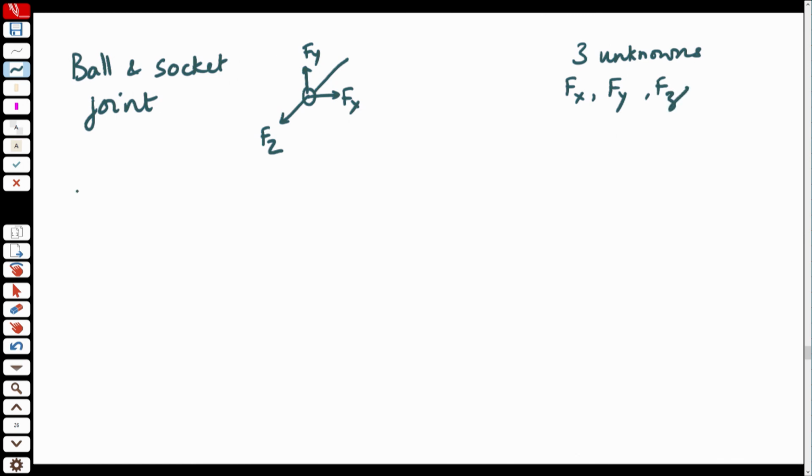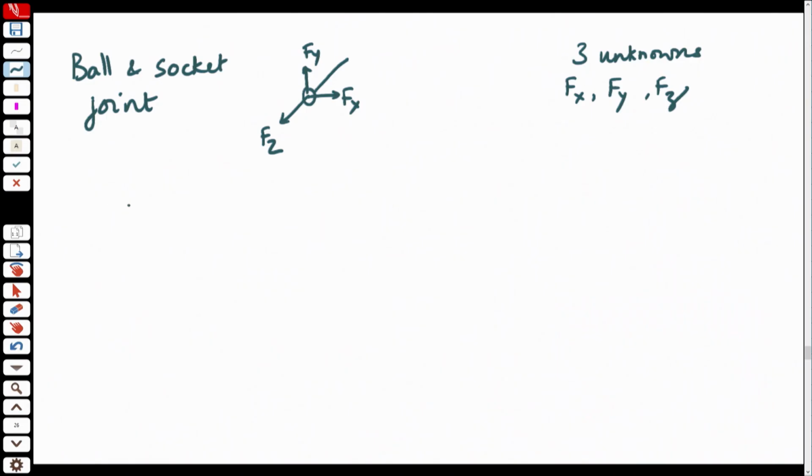So, if you look at joints which are more or less fixed, like the joints in your skull, the fibrous joints where there is little or basically no movement, then that is equivalent to the fixed or welded or built in support, similar to your beam.